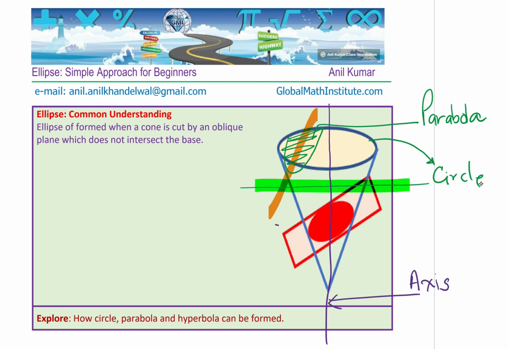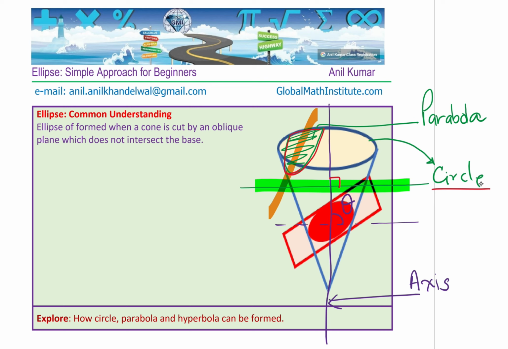So it has to be at an angle. Let's call this angle theta, oblique to the axis. You get the idea. If it is perpendicular, as shown here, then what you get is a circle. And if it crosses through the top in this particular case, as you can see here, we get a parabola.